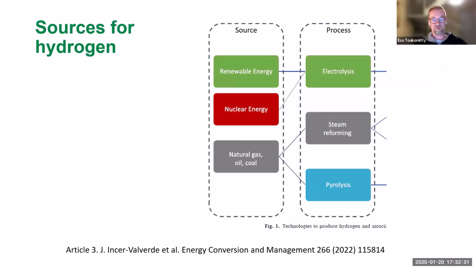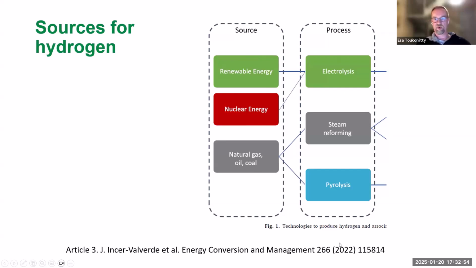Okay, here are a few sources of hydrogen. Hydrogen is a very important basic chemical, already highlighted it multiple times. In principle, it can be produced from renewable energy sources, or from natural gas, oil, coal, fossil-based energy.